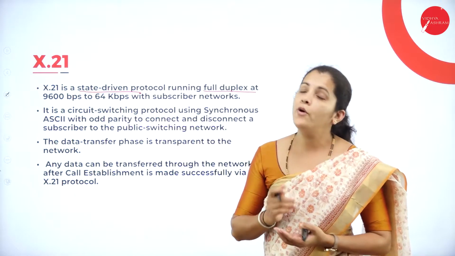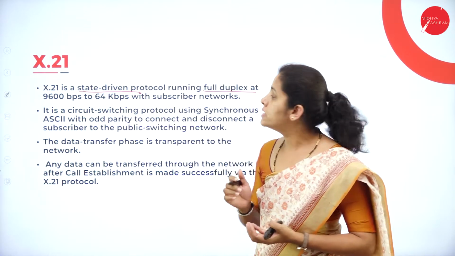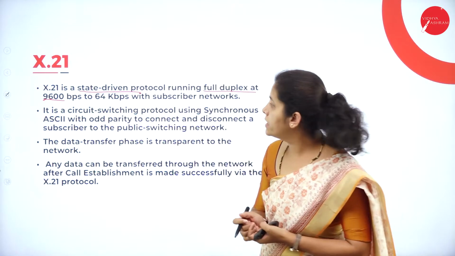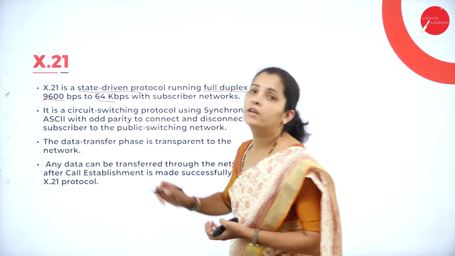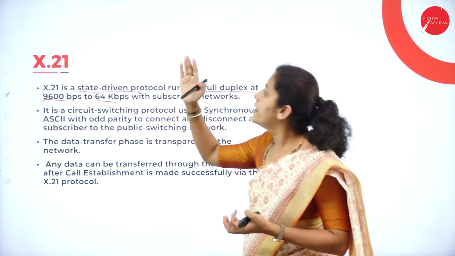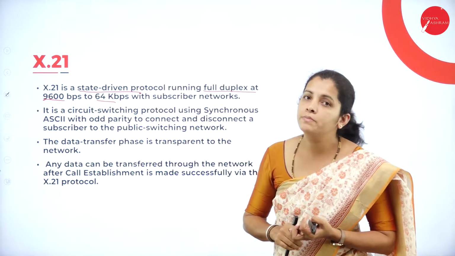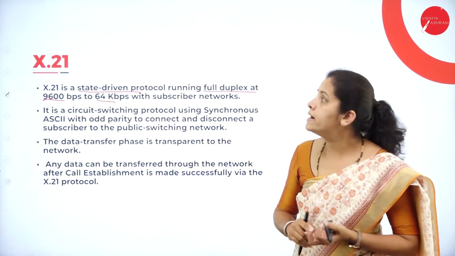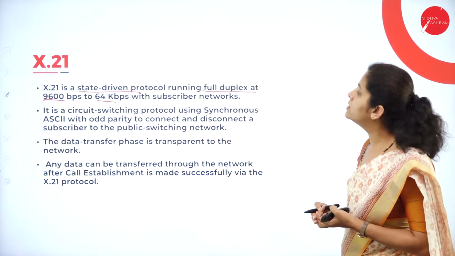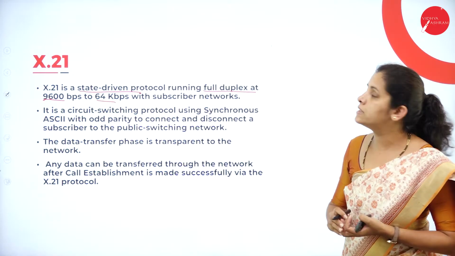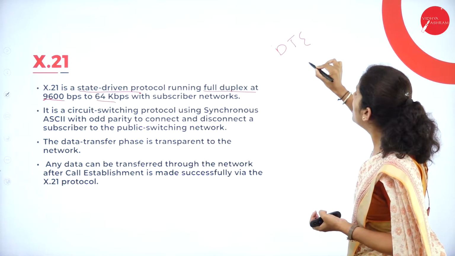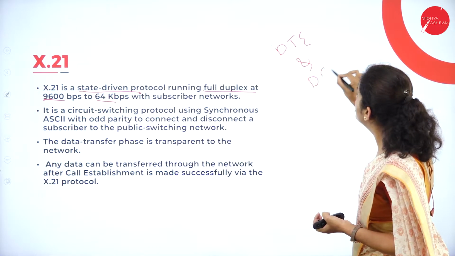So here X.21 supports the range of 9600 bits per second to 64 kilobits per second. So here X.21 is mainly used to provide communication between two subscriber networks, that is DTE and DCE.